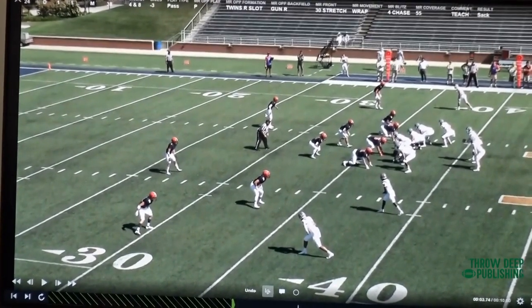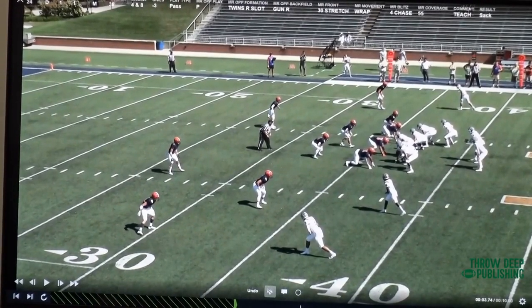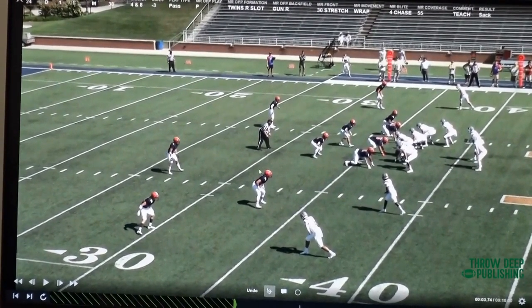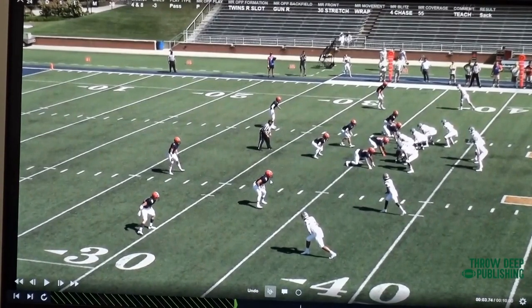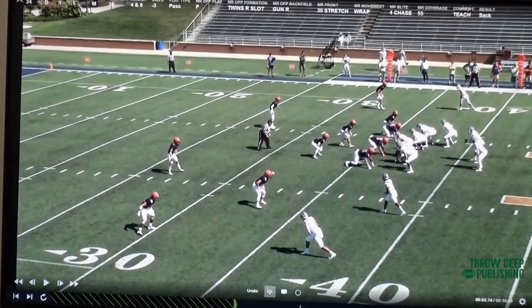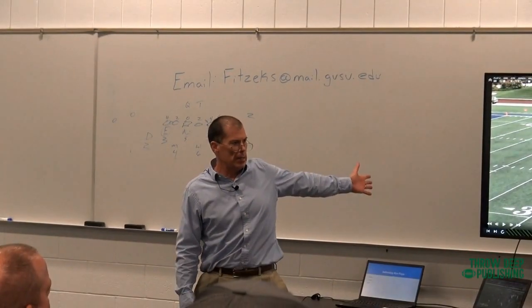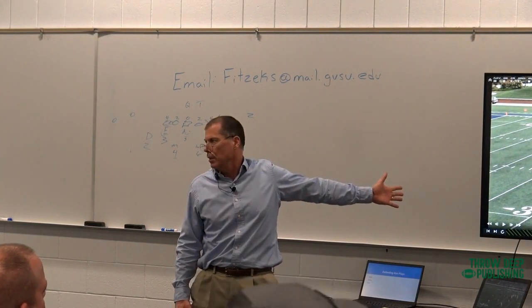Corners are basically, hey, I may have help by the deep guy, I may not have help. Okay, that's how robber is. And the whole thing about why we want these guys, the rush and the drop, either at the line of scrimmage or 5 yards off, is because that is going to tell the deep guy, okay?